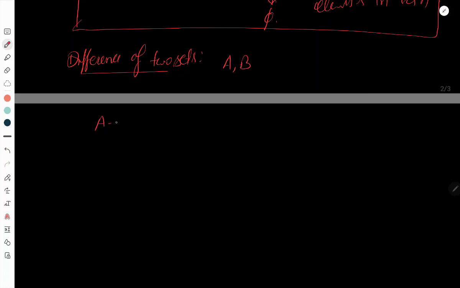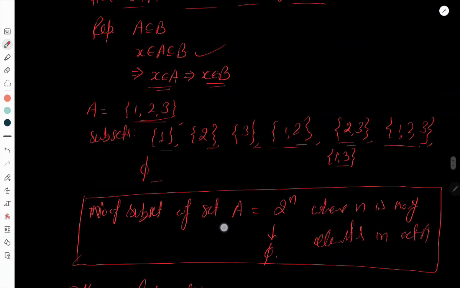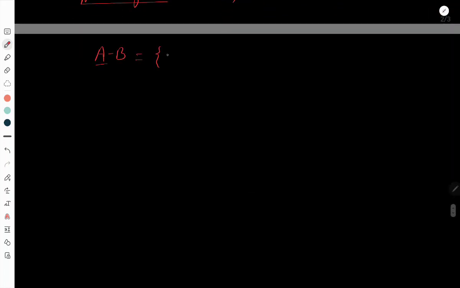Then A minus B represents the difference of A from B. It means you are subtracting all elements of B from A. Let's take the first example: A is 1, 2, 3, 4, 5, and B is 2, 3, 6, 7.